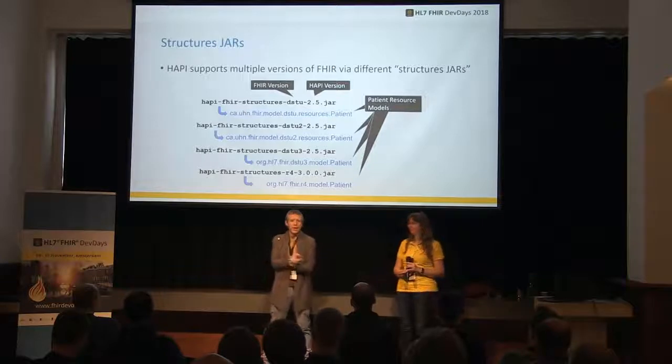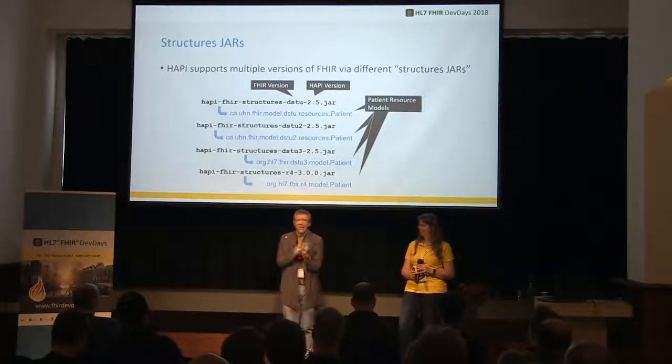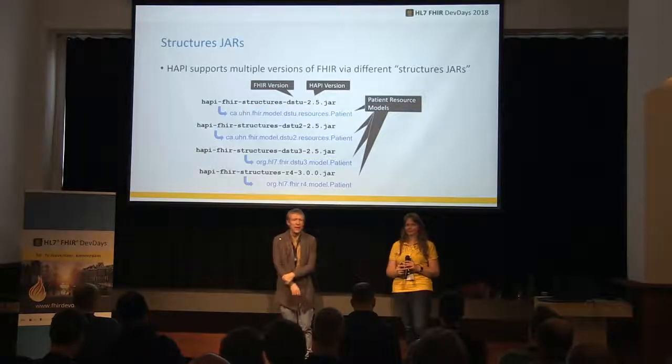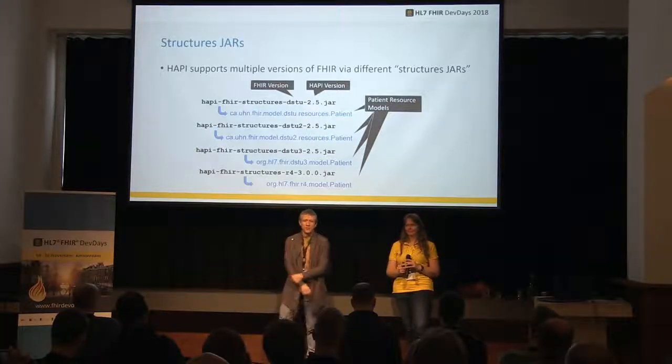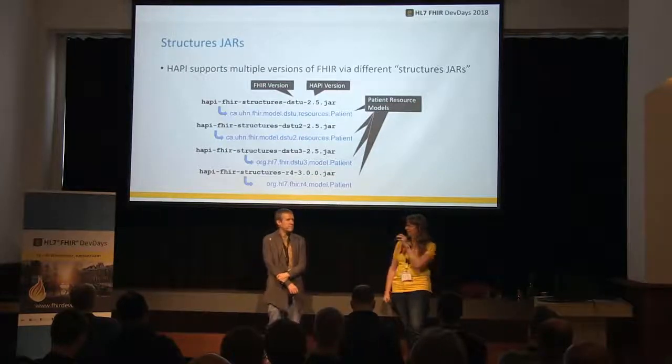Most importantly for HAPI, you're going to bring in one of what we call our structures jars. The structures jars have a version of FHIR in them, so you'll take the DSTU2 structure jar, or 3, or the R4 one, or even multiple. So you can certainly, within a single application, bring in several versions of FHIR and use all of them within an application if you want.